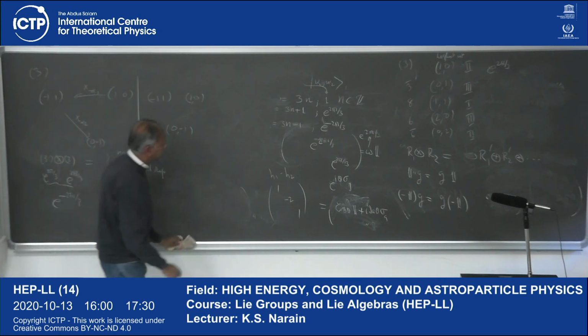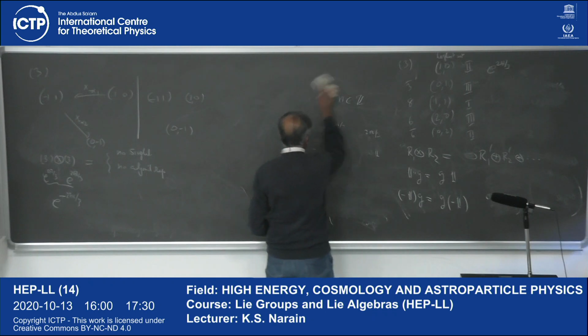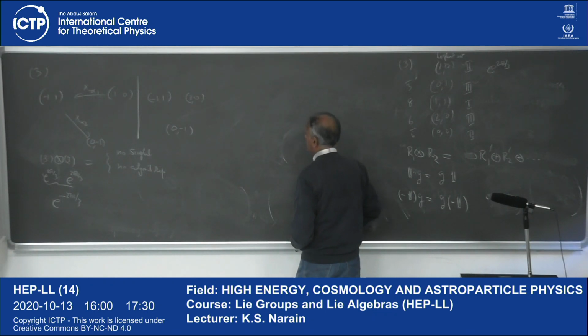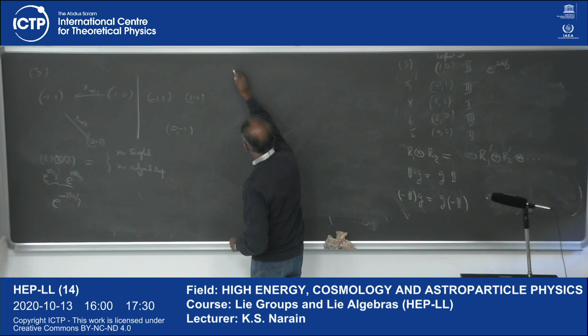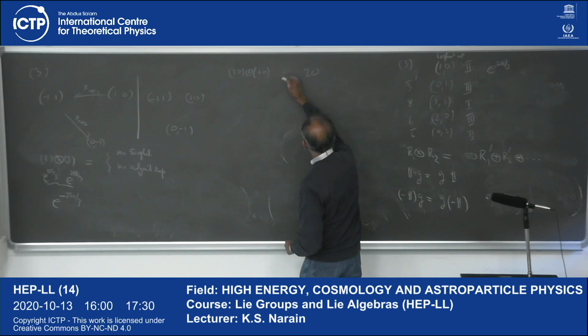So 1, 0 with 1, 0 will give me a state with weight 2, 0.